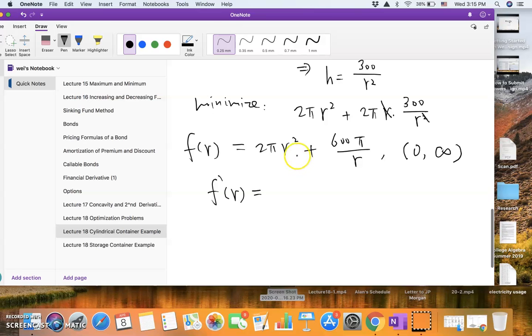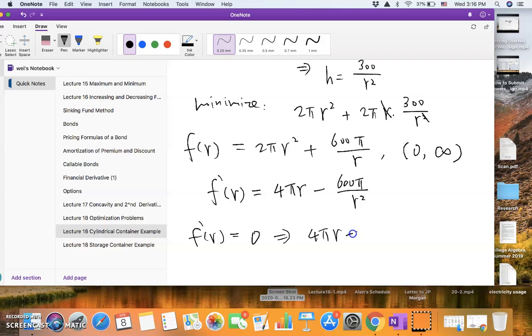Now r is the variable, so the derivative of the function is 4 pi r minus 600 pi over r squared. And then we let the derivative be 0. So we have the equation 4 pi r minus 600 pi over r squared equals 0.